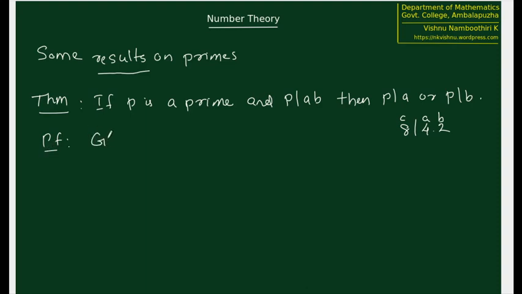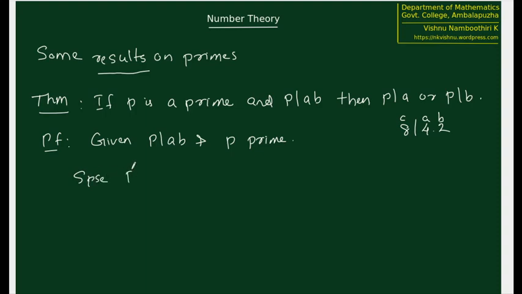So this is already given, P divides AB and P is prime. Suppose that P does not divide A. So we have to show that one of these definitely happens, either P should divide A or P should divide B. Suppose that the first case is not happening, that is P does not divide A. So to show that what we claimed is true, we must show that P divides B.